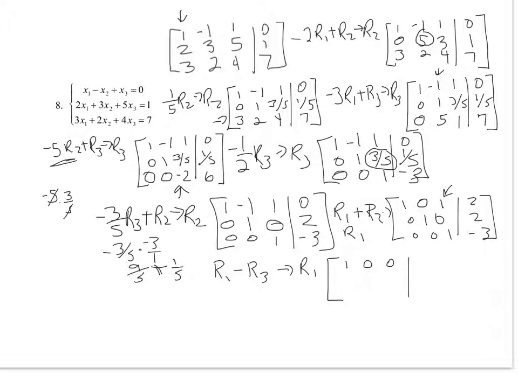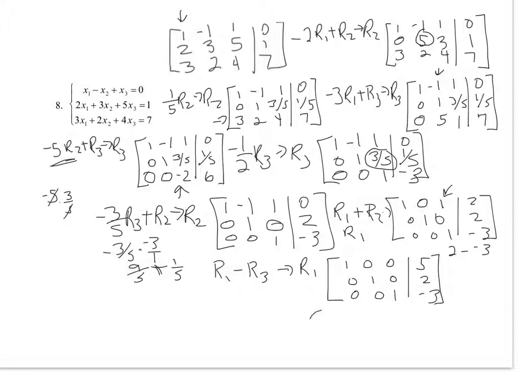If I take 2 minus negative 3, watch your signs. 2 minus negative 3 turns into 2 plus 3, which is 5. 0, 1, 0, 2, 0, 0, 1, negative 3. I now have this in reduced row echelon form. That means my answers are to the right.